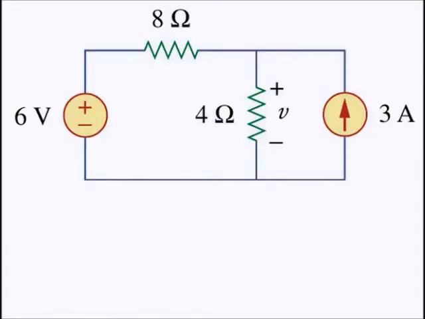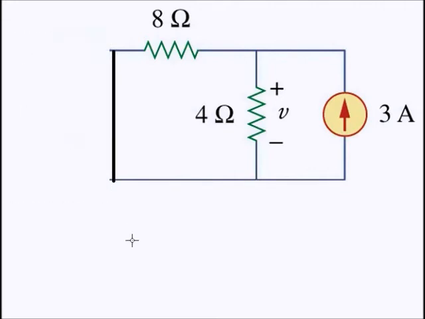So, for example, you want to solve the voltage source first. What are we going to do with the voltage source? We need to make it a short circuit. What is the meaning of short circuit? It means we draw a line here, which means we can remove this one.